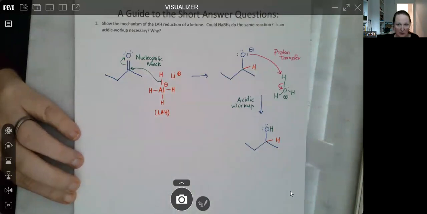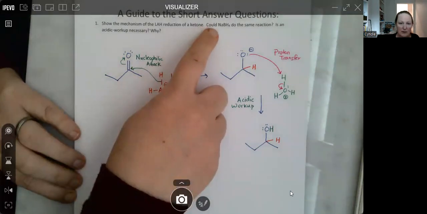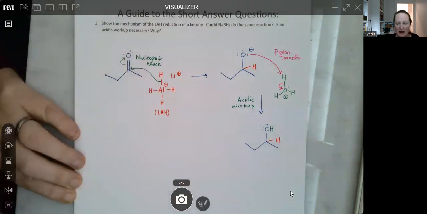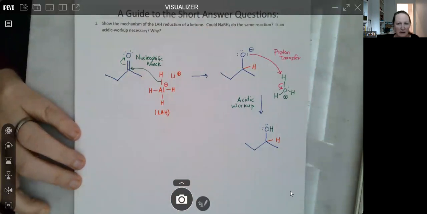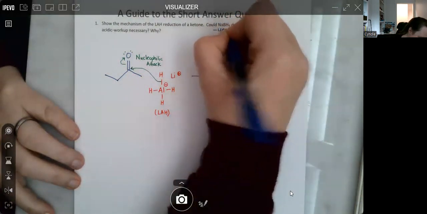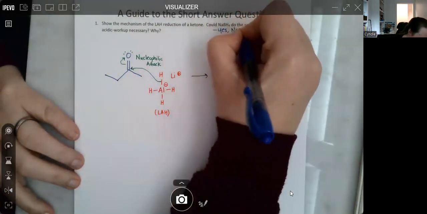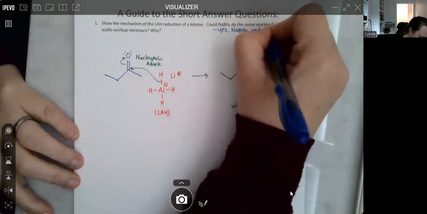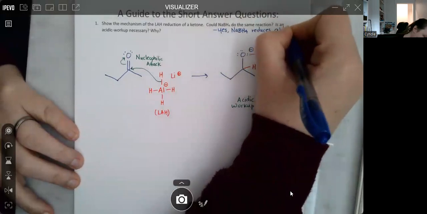And to answer the question, would sodium borohydride do the same reaction to a ketone? Yes. Sodium borohydride can reduce ketones and aldehydes, but not esters and carboxylic acids. So we could say yes, sodium borohydride reduces aldehydes and ketones.